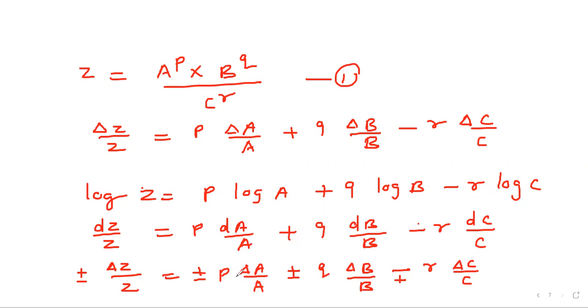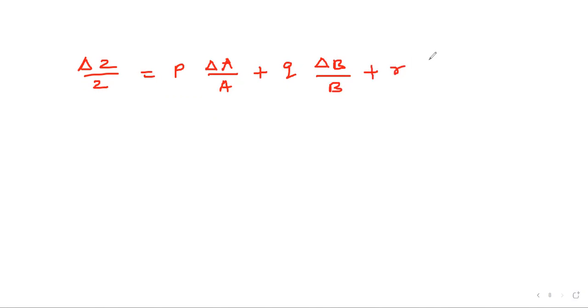So here this minus R delta C upon C will also be written as plus R delta C upon C. So final answer will be delta Z upon Z equal to P times delta A upon A plus Q times delta B upon B plus R times delta C upon C, which is our required result.